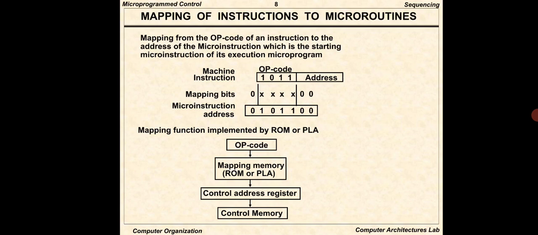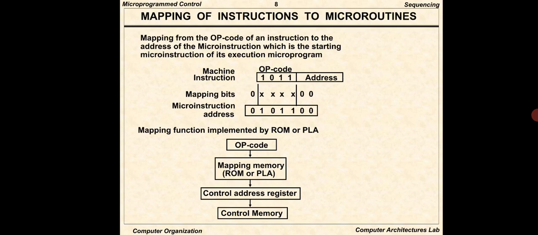So the mapping function implemented by ROM or PLA works like this: you have the opcode, next the mapping memory, that is your ROM memory or PLA, next the control address register, and next the control memory. Based upon that opcode, it goes to the mapping memory.